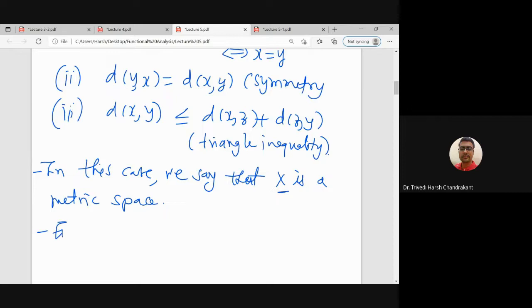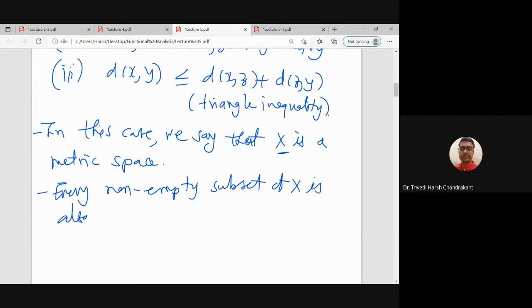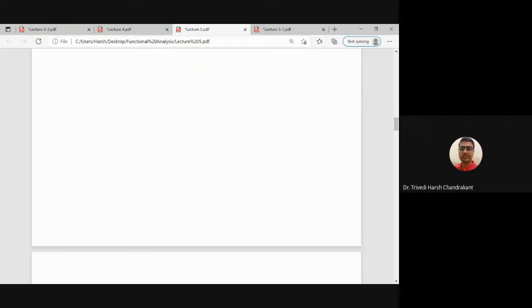So every non-empty subset of X is also a metric space with respect to the same metric d.